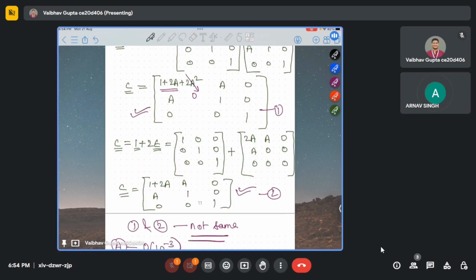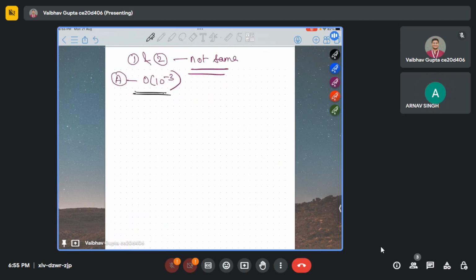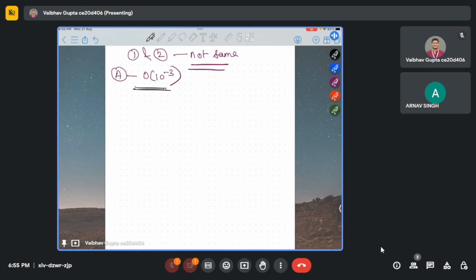So now equations 1 and 2 become the same. So that's the answer also. Like if small deformations are given, C can be equal to F transpose F as well as equal to 1 plus 2 epsilon.